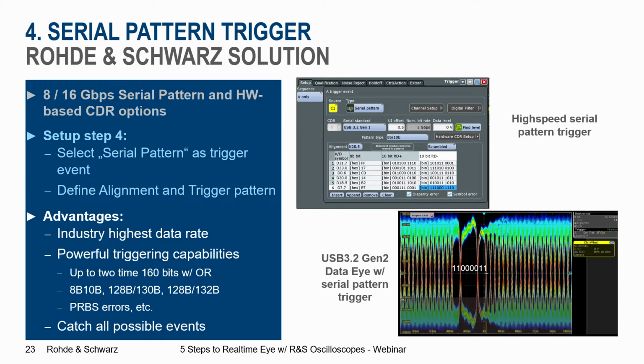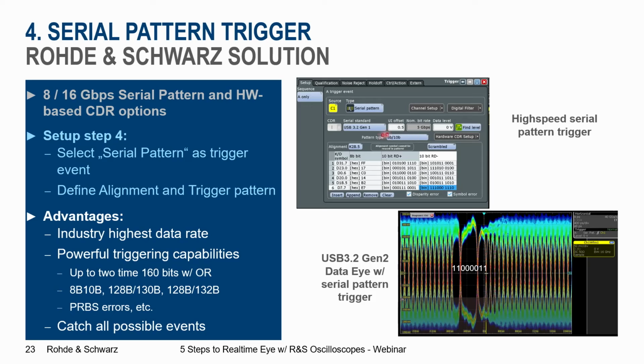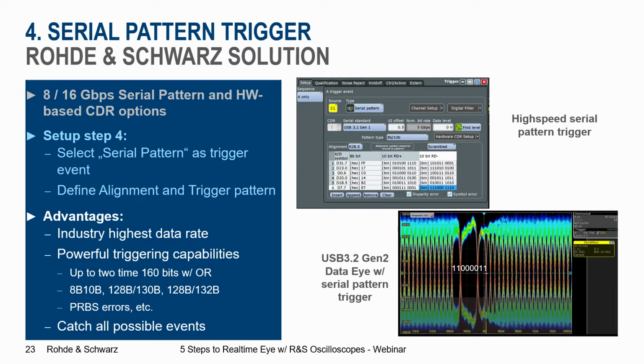So we support different types of coding like 8B/10B, or 128B/130B, and so on. And I also could define here then a certain sequence of data pattern, and only if this shows up in my data pattern, then I trigger. An example of an eye diagram is shown here on the bottom side.